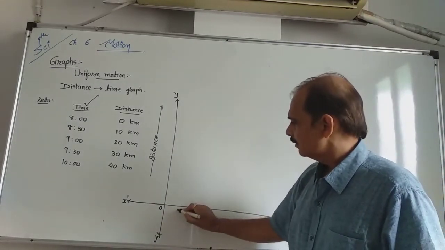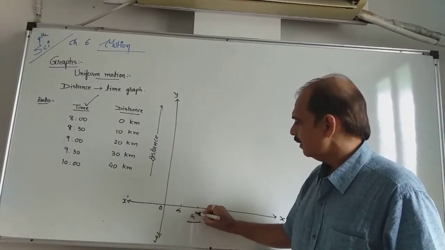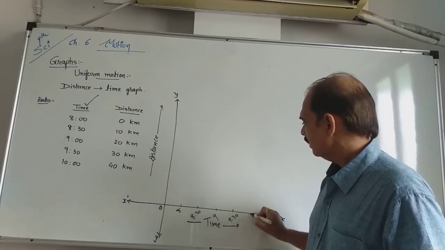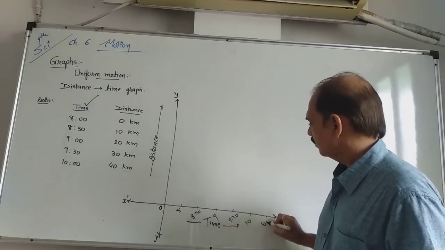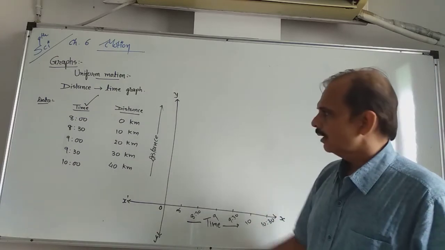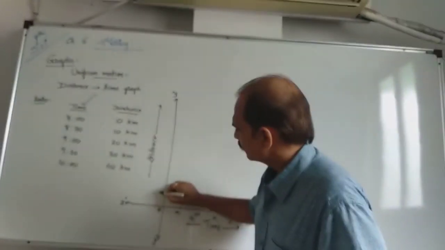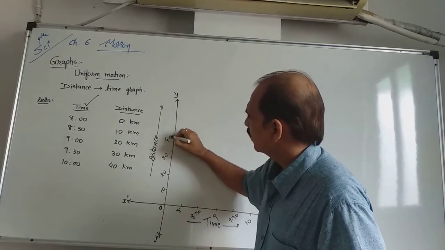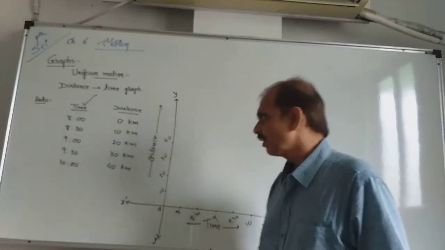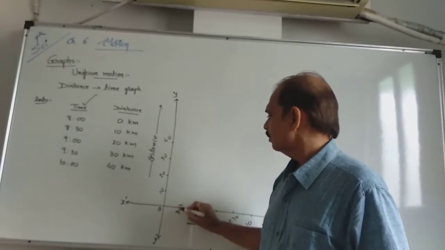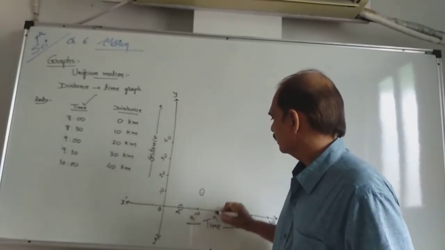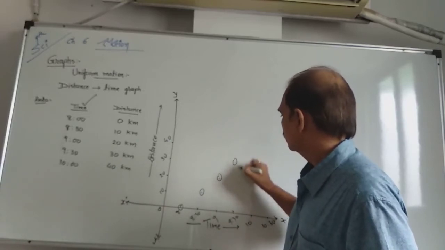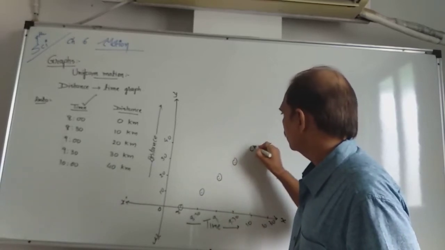At 8 o'clock, 8:30, 9 o'clock, 9:30, 10 o'clock, maybe 10:30, here 0, 10, 20, 30, 40, okay? 8 o'clock 0, 8:30, 10, 9 o'clock 20, 9:30, 30, 10 o'clock 40, and so on.